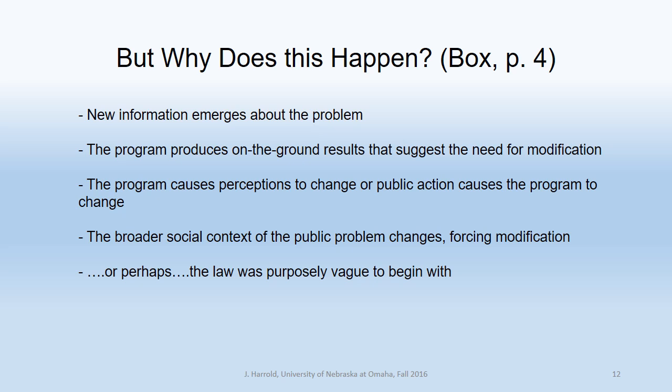How would that change the problem of homelessness? Or perhaps, and I threw this one in here, the law was purposely vague to begin with. That means that sometimes legislatures or city councils pass laws that are vague enough that administrators have some discretion.